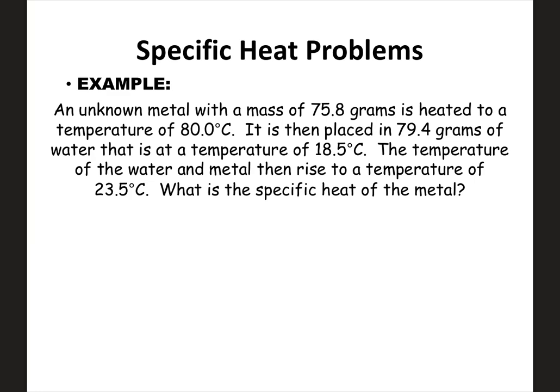If you notice all the other examples we did, the one was talking about just olive oil. That was a Q equals MC delta T problem. The other example we did was just talking about water. One substance, Q equals MC delta T problem. All right, as soon as you start mixing substances or taking a substance and putting it in water, boom, you know that's a dead giveaway.